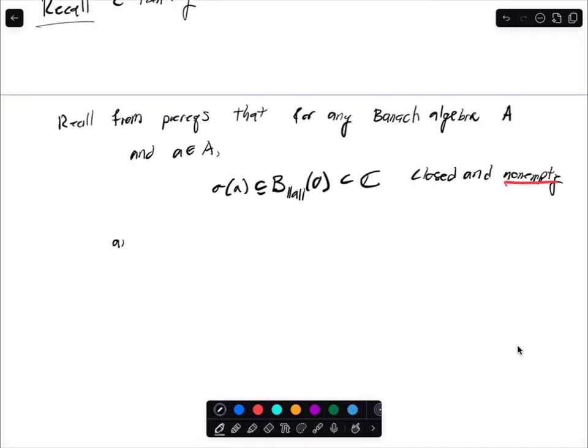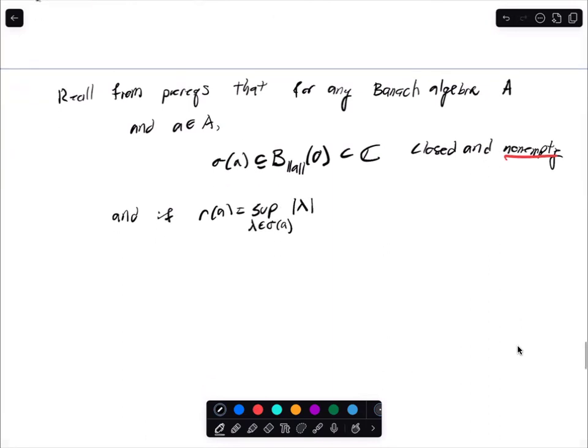And if R of A is the supremum of the moduli of all the lambdas in the spectrum, it's called the spectral radius.